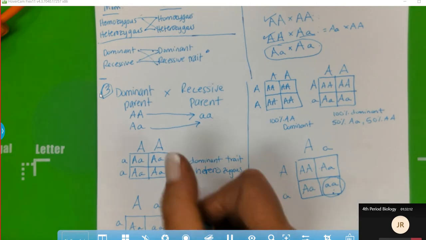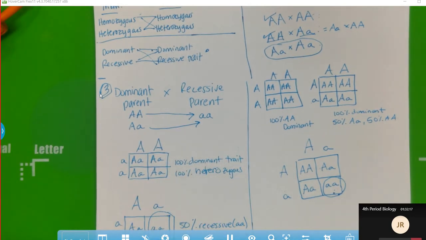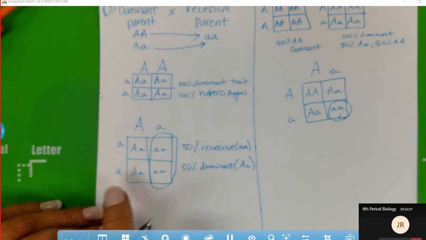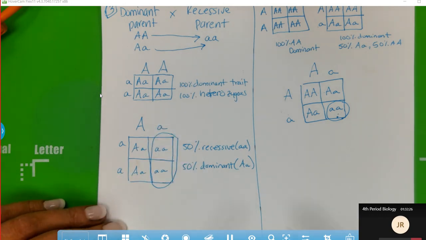Or the only other way, other than 2 heterozygous parents or 2 parents that have the recessive trait, is 1 parent who's recessive and 1 parent who is dominant heterozygous. In that case, you get a 50% chance of having the recessive trait.